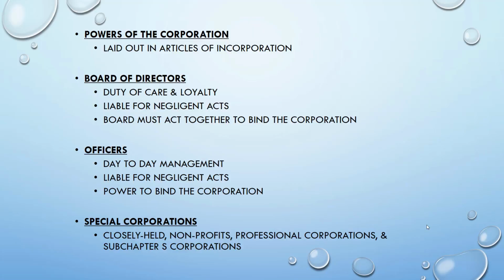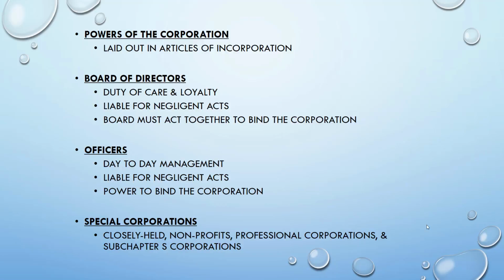The powers of the corporation are going to be laid out in the Articles of Incorporation. And the board of directors, again, it's a fiduciary relationship. They owe a duty of care and loyalty to the corporation, so they have to use reasonable care when acting for the corporation. They have to be loyal.